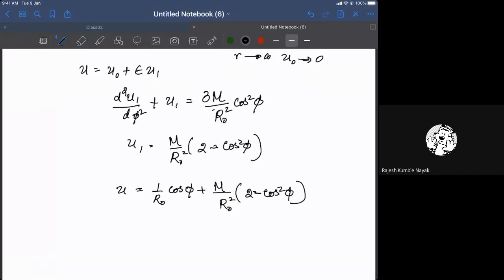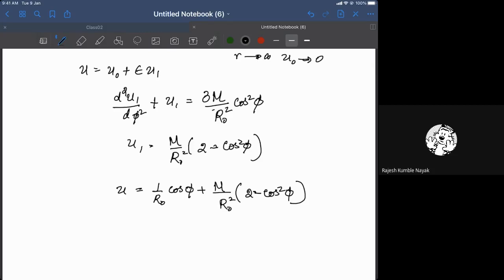This is the complete solution with the first order approximation done to the null geodesic when light is coming from far infinity and then seen by an observer.